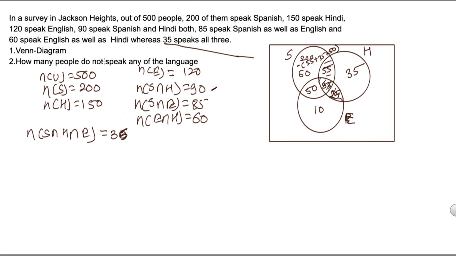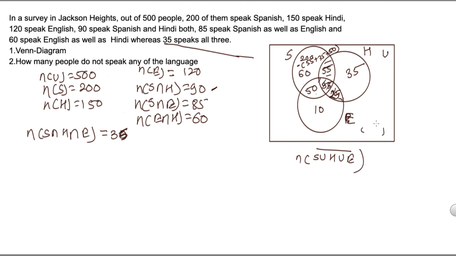The question asks us to fill up the Venn diagram, so this is the answer to number 1, whereas number 2 asks how many people do not speak any of the languages. So we need to find out how many people lie in this area. So it's n of (S union H union E) complement.